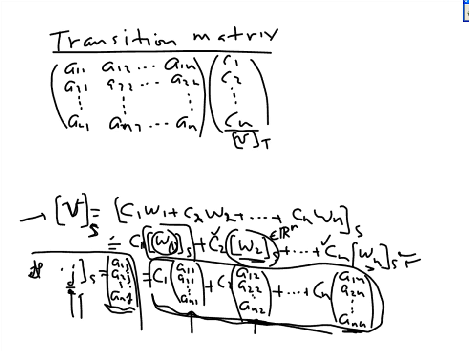And we write it as P. I'm not clear why the notation is P. I would have called it T for transition matrix, but most people write it like this. It's a transition matrix from T to S.